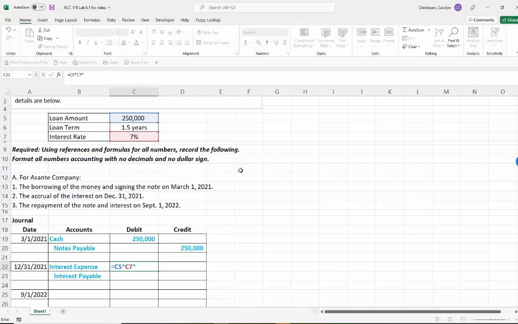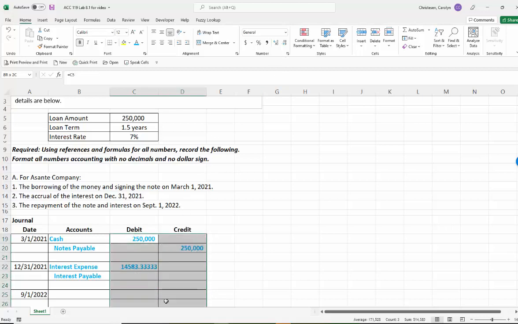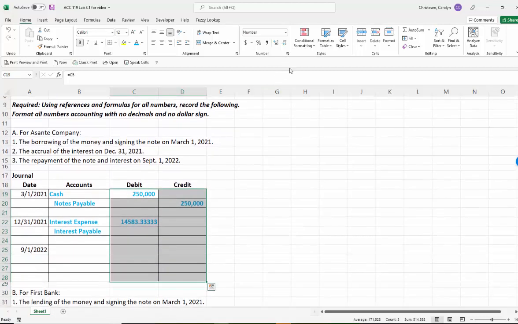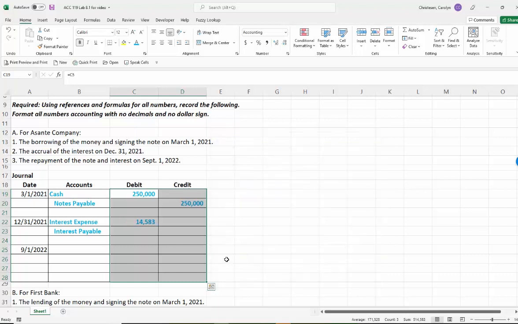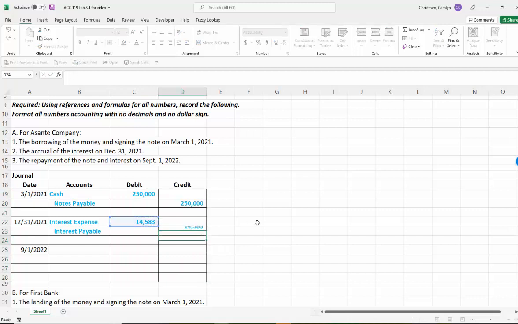And the time in terms of a year is 10 divided by 12. All right. So it's the principal times the rate times the time. So, okay, remember this said, let's format all of these numbers right now because it said format the numbers, accounting, no decimals, and no dollars, right? So we want it like that. So we don't need all those decimals. All right, our interest payable is equal to our interest expense.